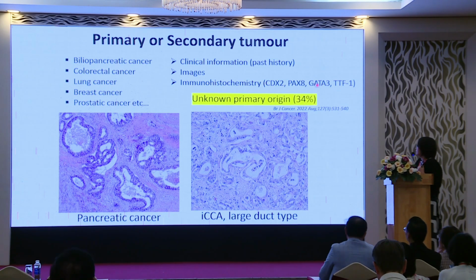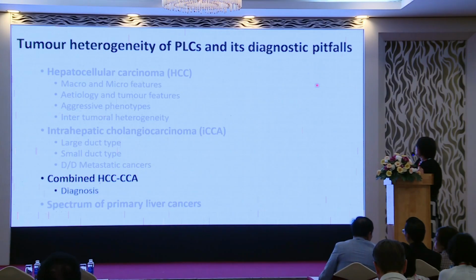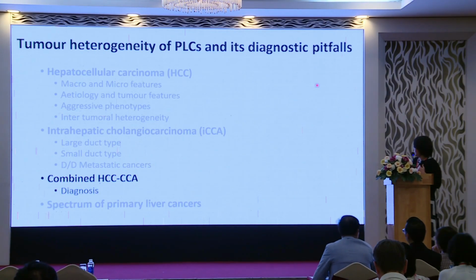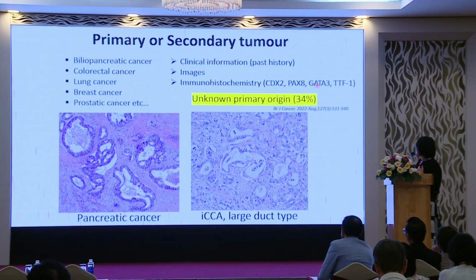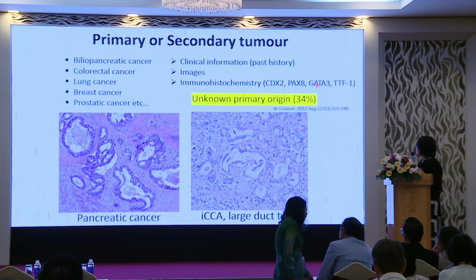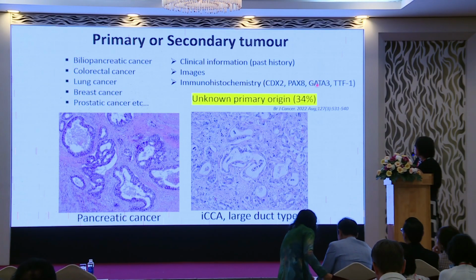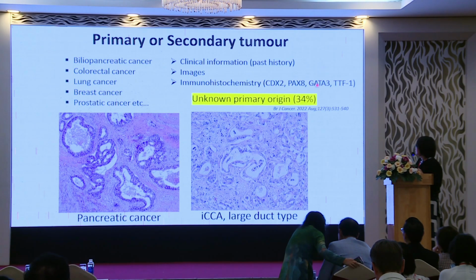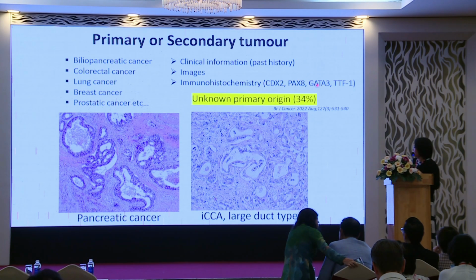So we need to use immunohistochemistry in order to distinguish between primary and secondary tumor. However, a recent paper presented that in fact 34% of adenocarcinomas of unknown primary origin were in fact intrahepatic cholangiocarcinoma. So the diagnosis of intrahepatic cholangiocarcinoma is still challenging.